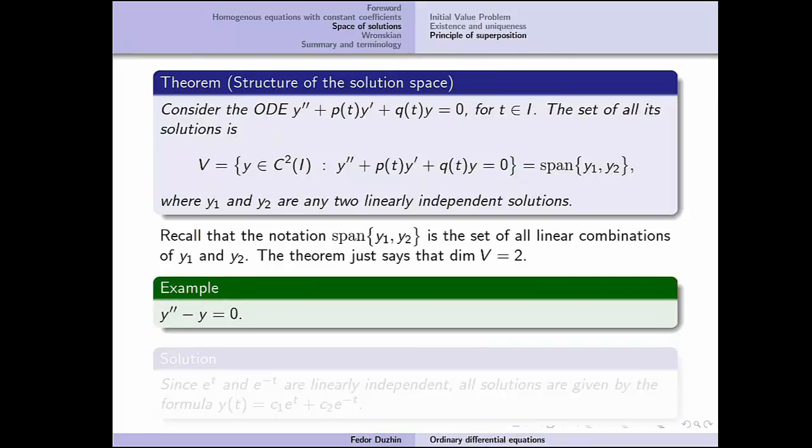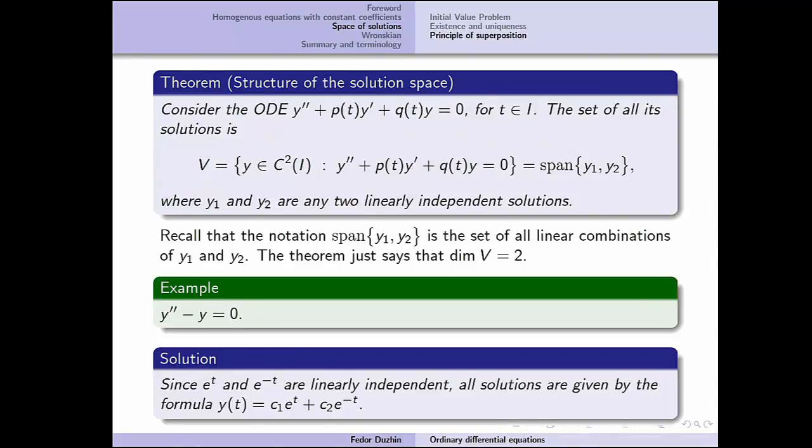So, for example, now we can rigorously conclude that there is no more solution of this differential equation, that every solution can be presented in the form of some constant times e to the t plus some other constant times e to the minus t. So there is nothing else.